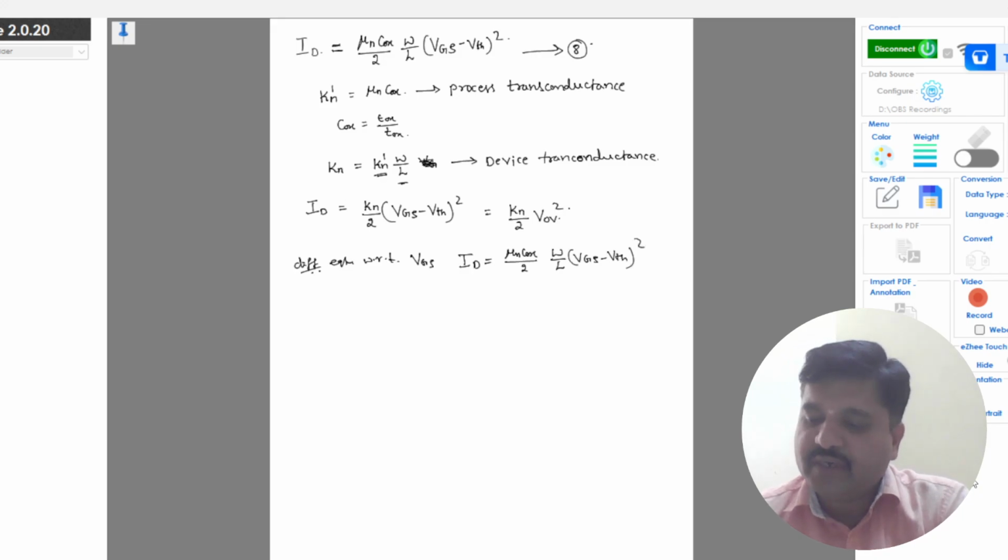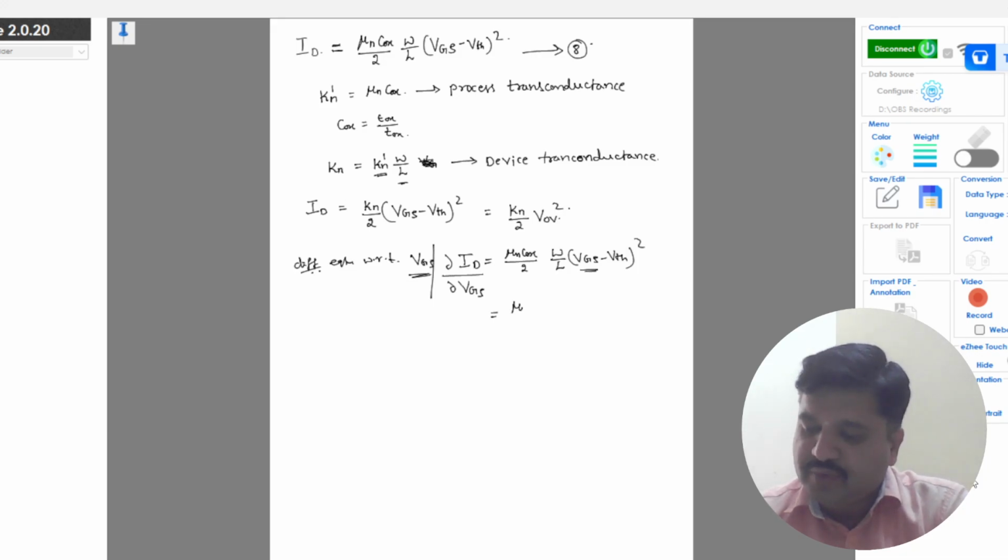Partially differentiating with respect to VGS, we have only VGS as a variable, so the differentiation of (x minus t) whole square will be 2 times (x minus t) into the differentiation of x, which is 1.